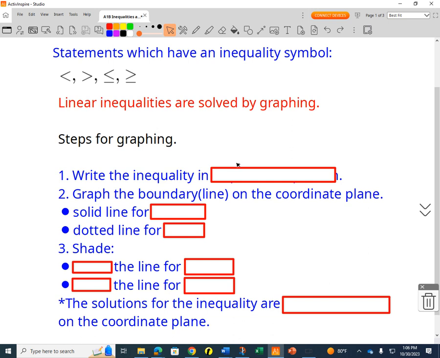Slope-intercept form. Remember, if it's an equation, it's y equals mx plus b. If it's an inequality, it's going to be y, one of the inequalities, mx plus b. We want to be able to plot the y-intercept and then use the slope to find more points.